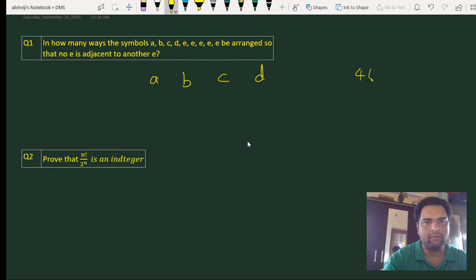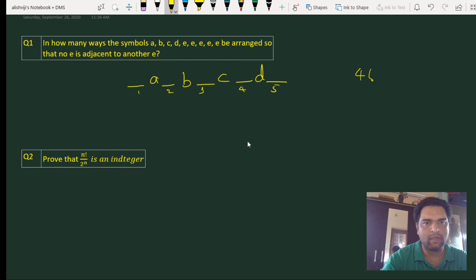Now we can insert the remaining five identical symbols so that they are not adjacent to each other, in between these four letters, and we can also place them at the beginning and end of the symbols. So we can place the five E's at any of these five positions.